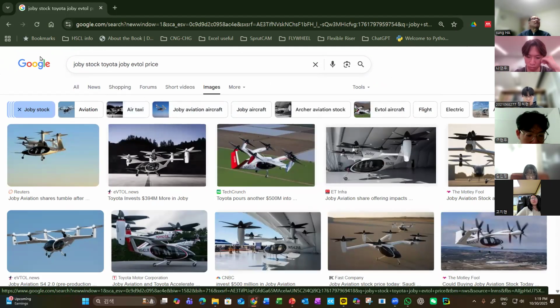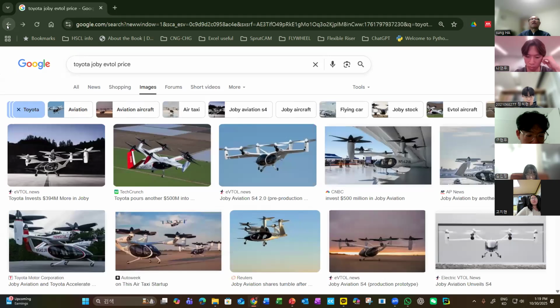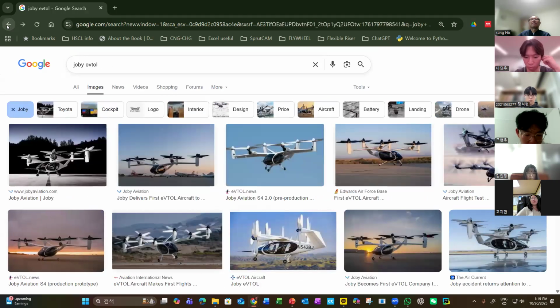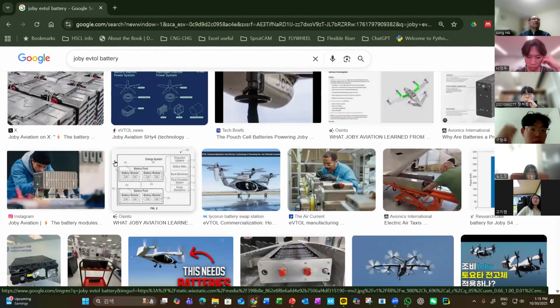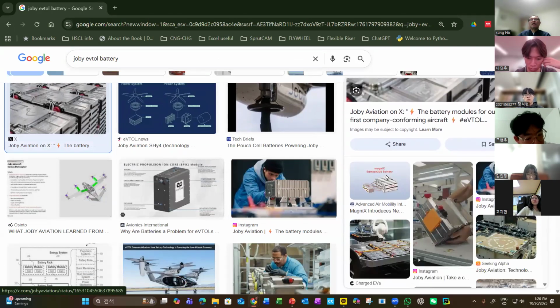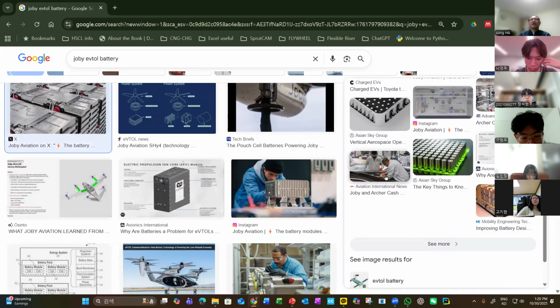The one thing I'd like to emphasize is the battery. Their power system uses a battery like this, similar to the battery used in an electric vehicle.